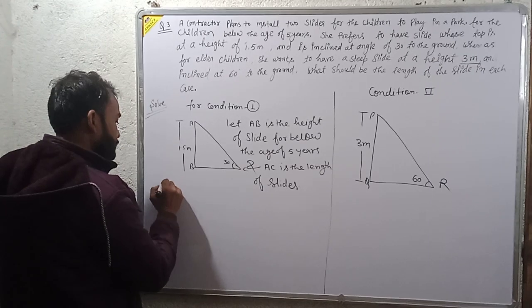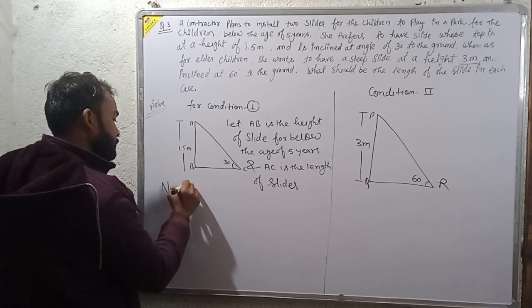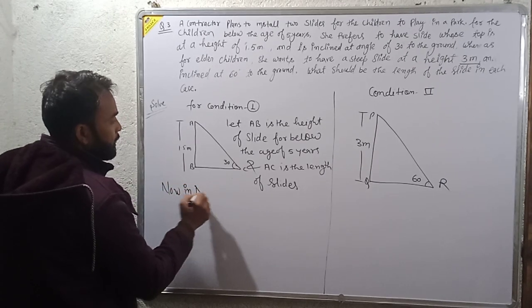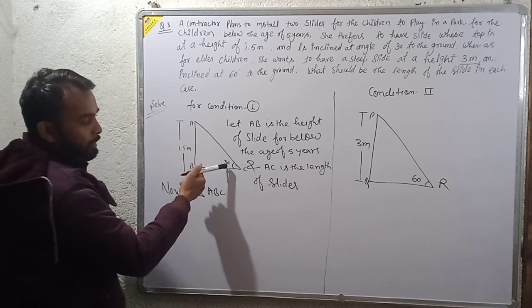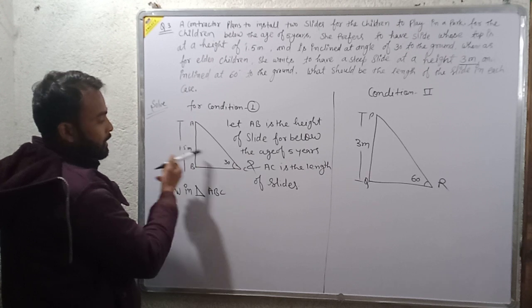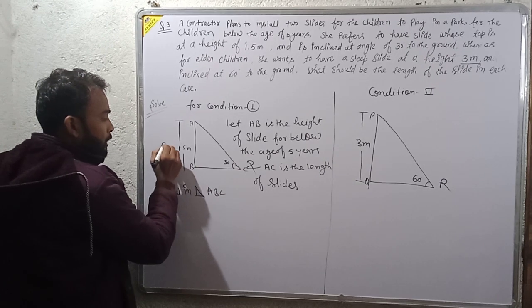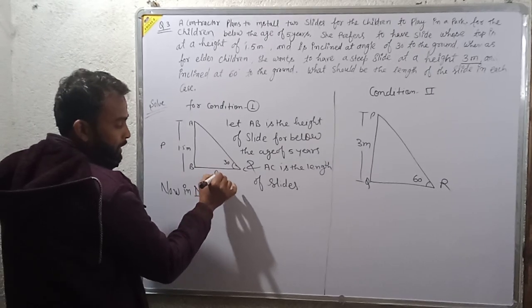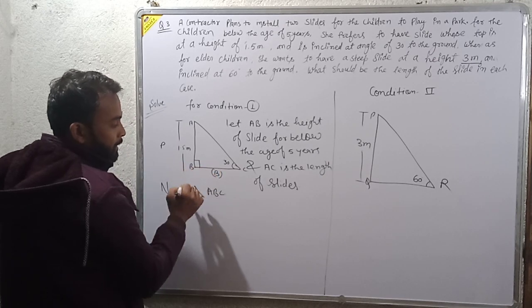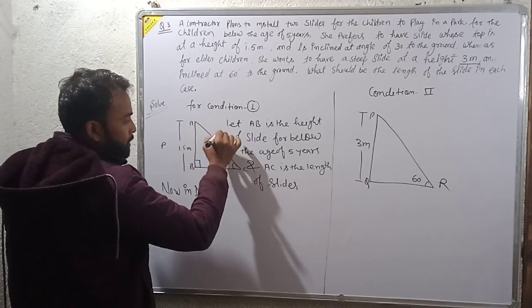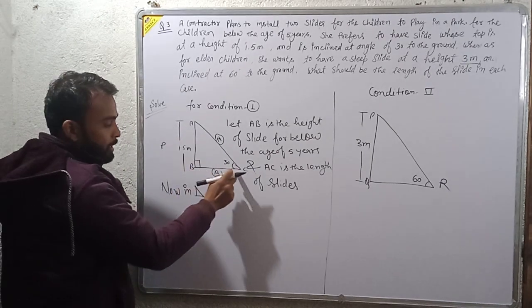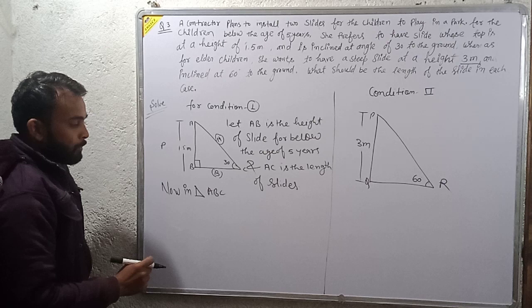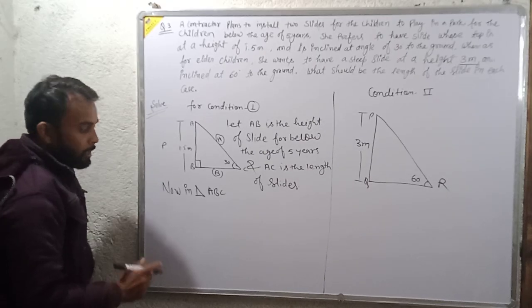Now in right angle triangle ABC, with respect to 30 degrees, this will be the perpendicular and this will be the base. Here is 90 degrees, so it will be the hypotenuse. Clear?